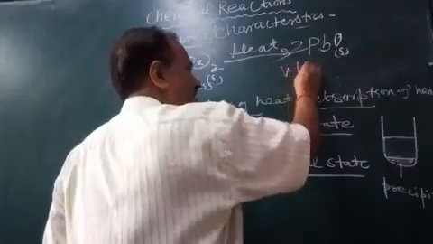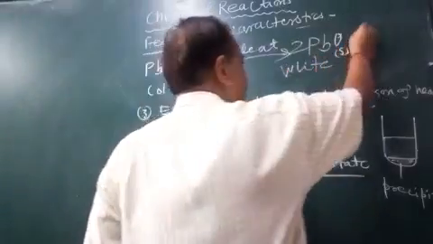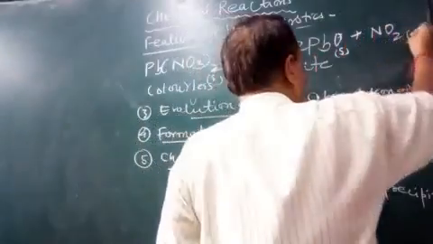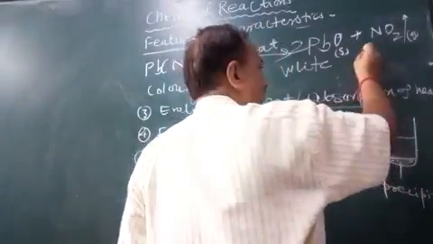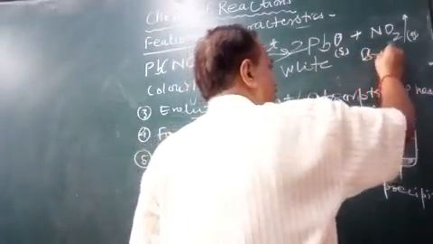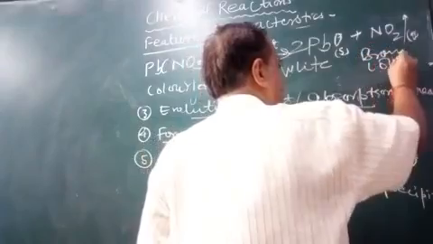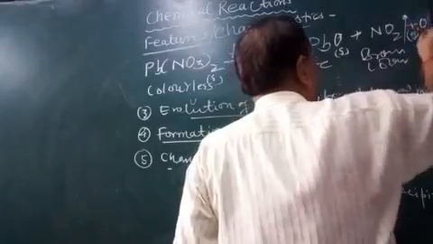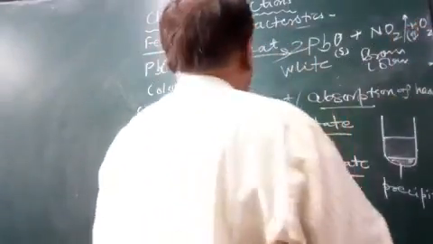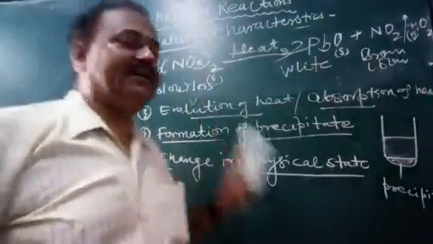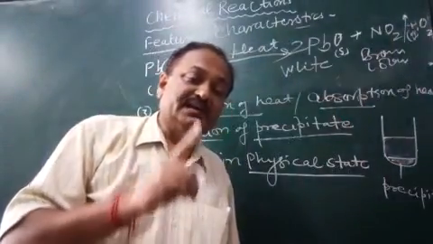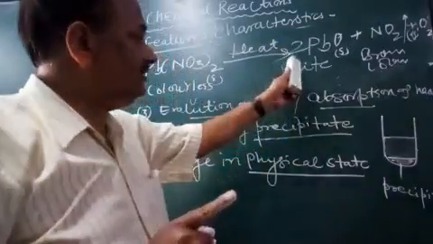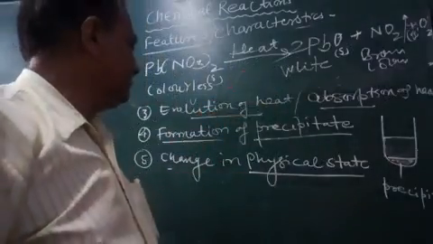The color was white, plus NO2 gas. This was having the brown color, and then there will be formation of oxygen. So this lead nitrate on heating decomposes with the cracking sound, and these are the features of the reaction.